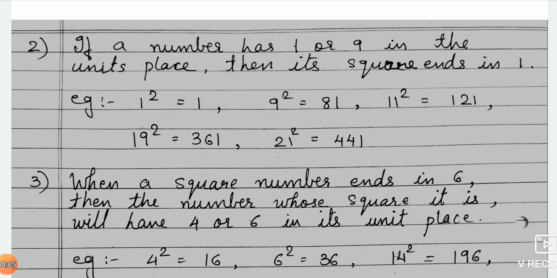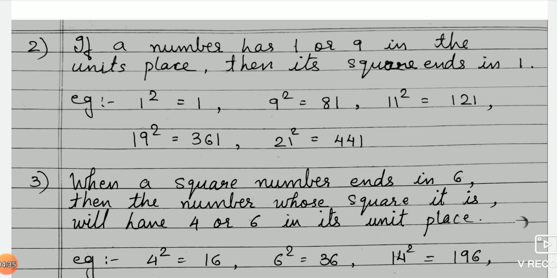So examples: 1 square equal to 1, 9 square equal to 81, 11 square equal to 121, 19 square equal to 361, 21 square equal to 441.